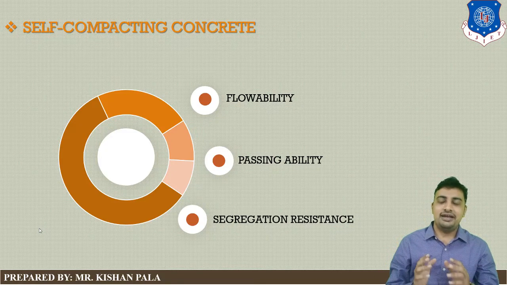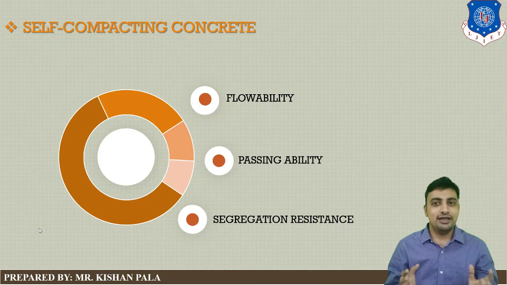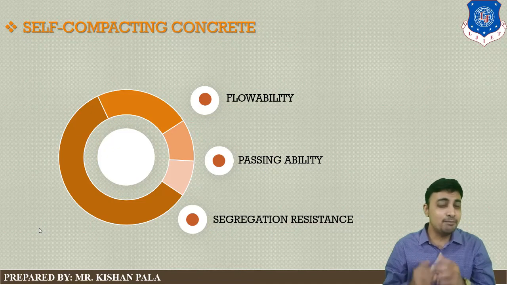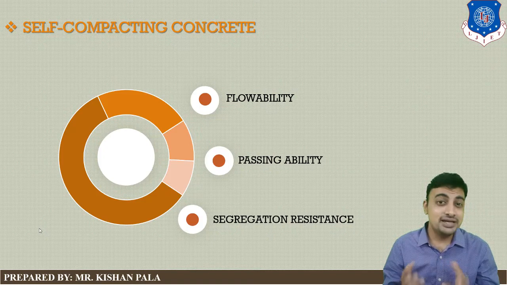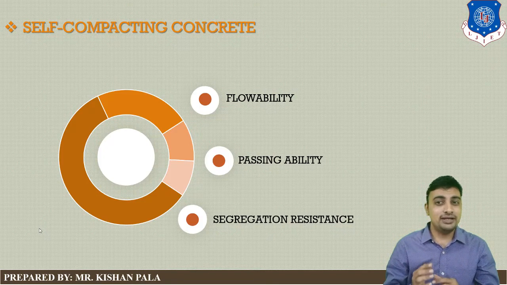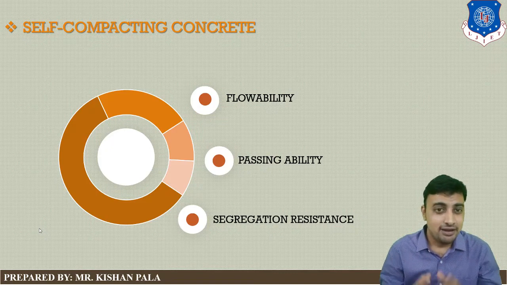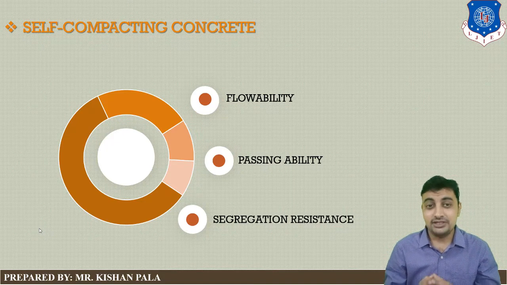By the year 1990, Japan had developed self-compacting concrete, and by the year 2000, it had become popular in Japan for prefabricated products and ready-mix concrete.